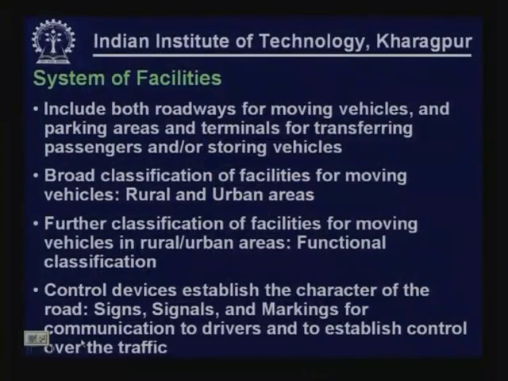Controlling the traffic, or looking at the operational aspects of the traffic, is also important: how to improve the efficiency of traffic operations for a given facility and a given demand. So, there the control devices will play a vital role. So, this also includes or defines the system of facilities.